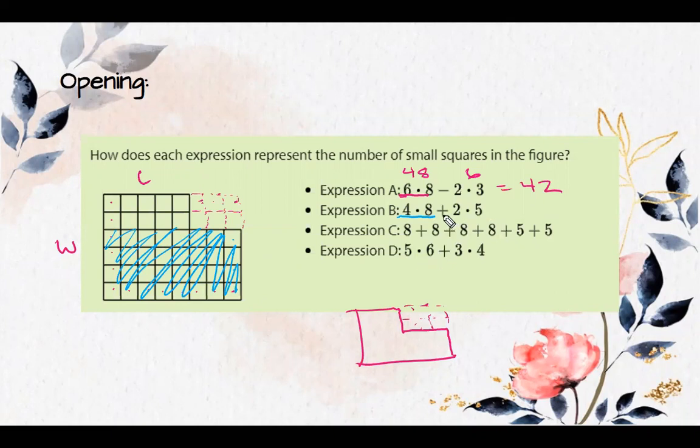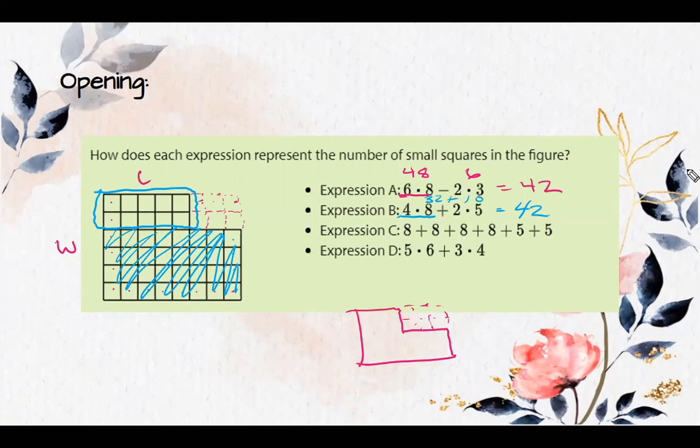And then it says plus 2 times 5. Where does the 2 times 5 come in? Up here, right? Does that make sense? Can I get my area like that? What's 4 times 8? 32 plus 10. What's that equal? 42. Should I be getting the same answer? Yeah, because the area and the amount of tiles is not changing, right?